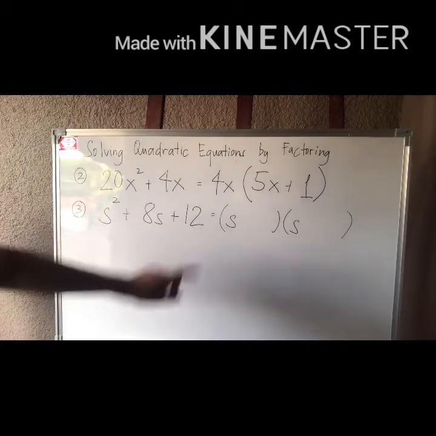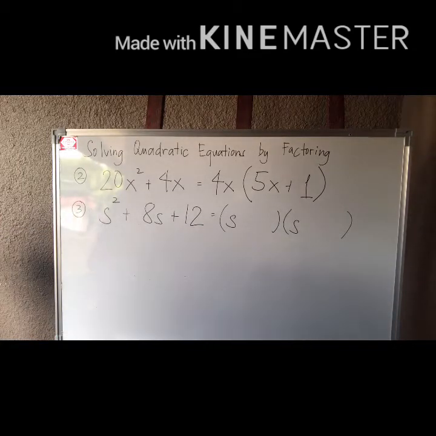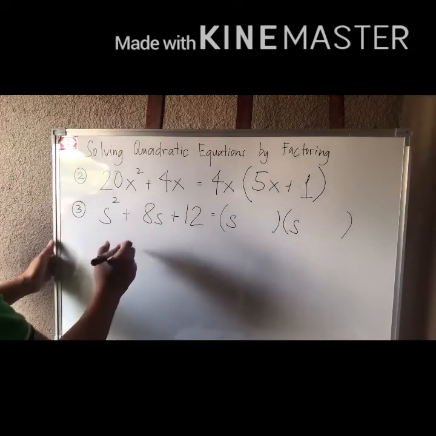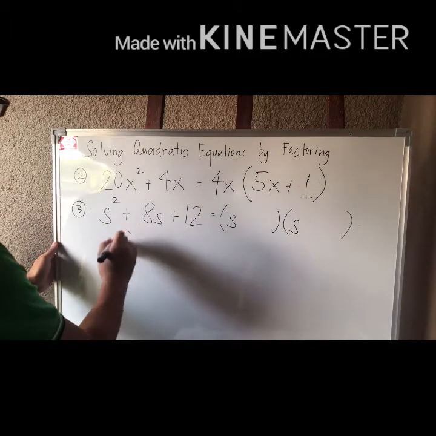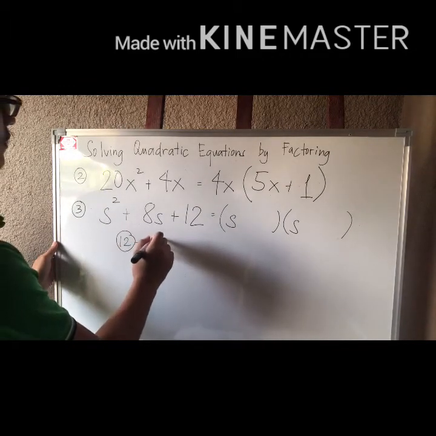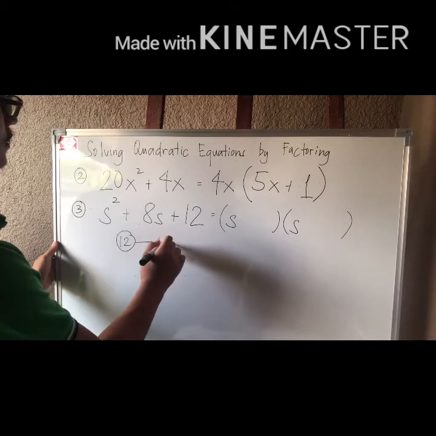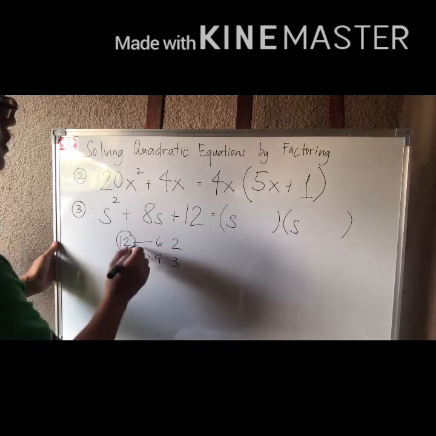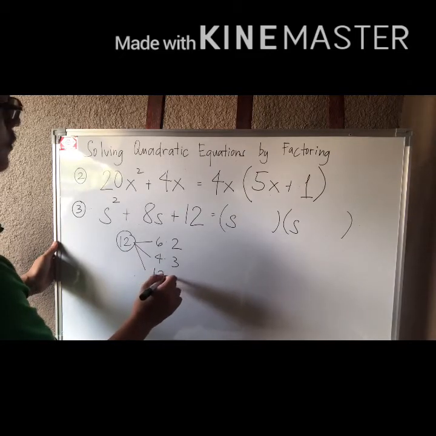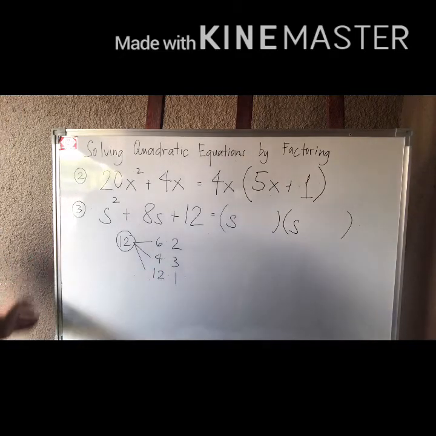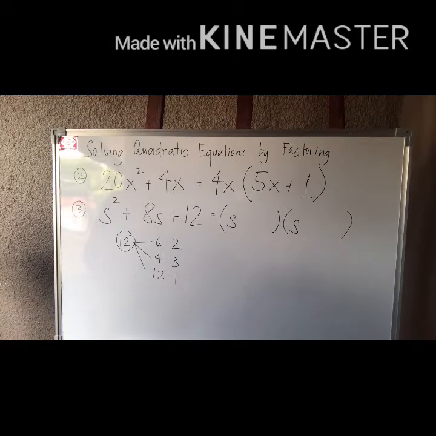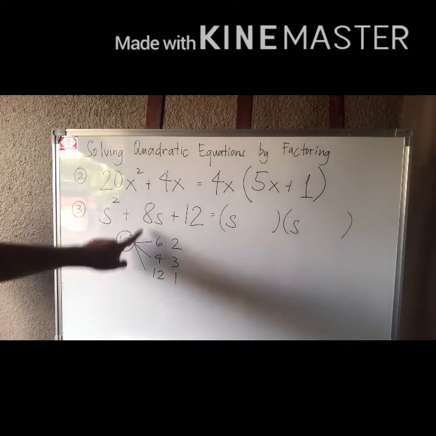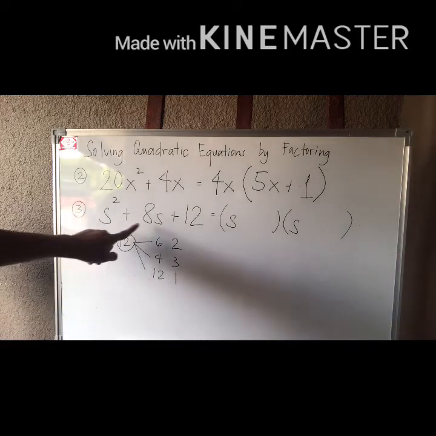Well, let us first have the factors of 12. So we have 6 times 2, 4 times 3, 12 times 1. So obviously, which among these three will give us the possibility to get the sum of 8 in the middle term?